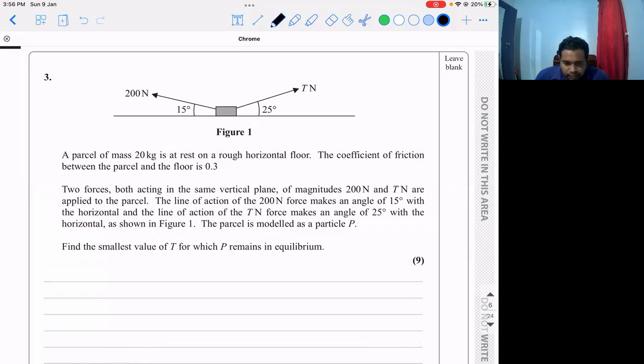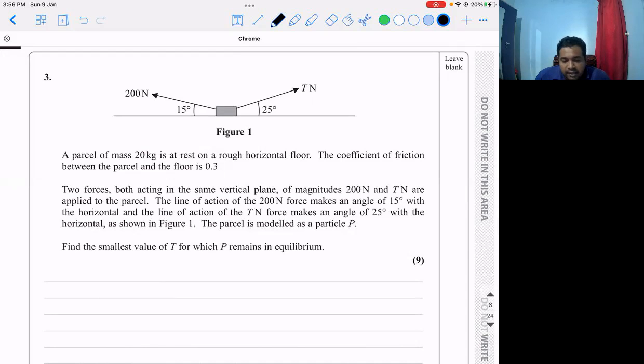That is our mu. Two forces both are acting in the same vertical plane. That is very important because it's purely a 2-dimensional question. Of magnitude 200 Newton and T are applied to the parcel. The line of action of the 200 Newton makes an angle of 15 degree with the horizontal, and the line of action of T makes an angle of 25 degree with the horizontal.